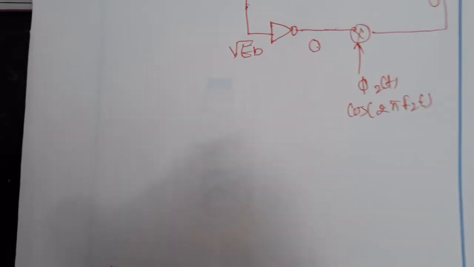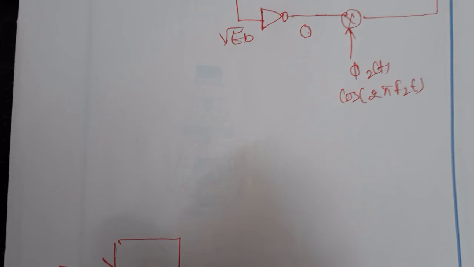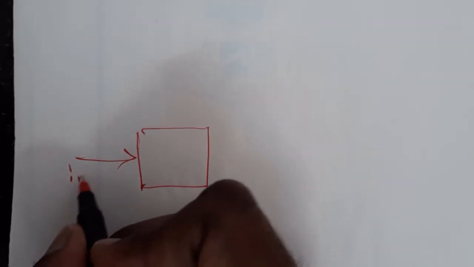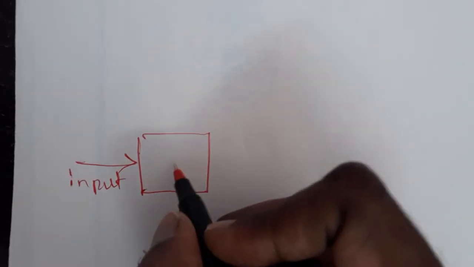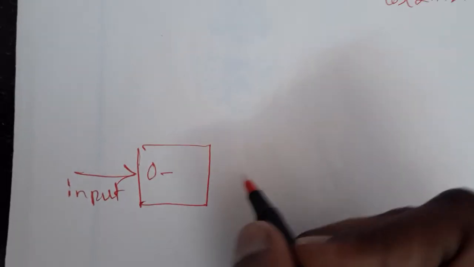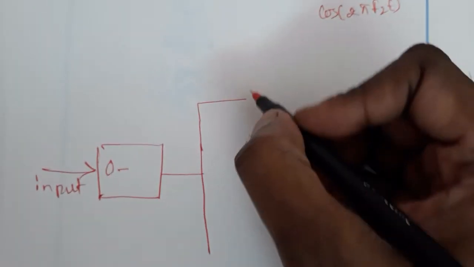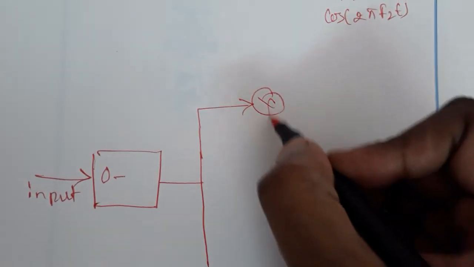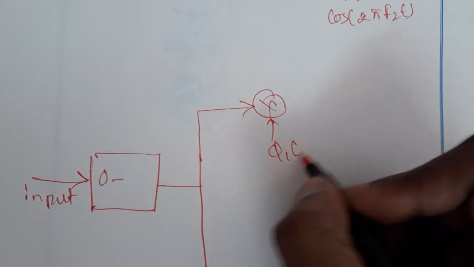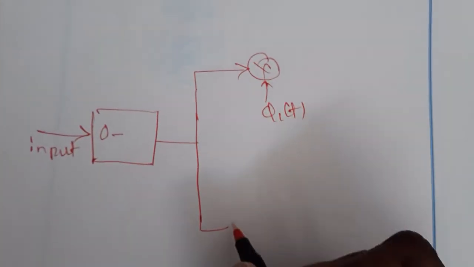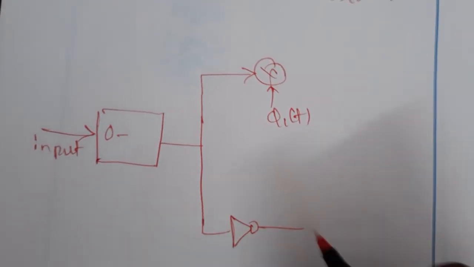Now let us see the same thing. If the input is 0, this is the input that you have got, and the input is 0. So again I am writing here. It is multiplied with phi 1 of t, and here it is inverted.